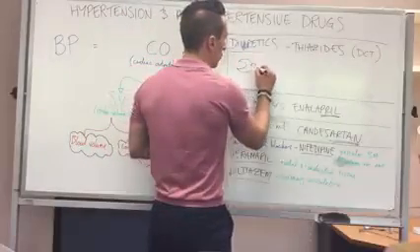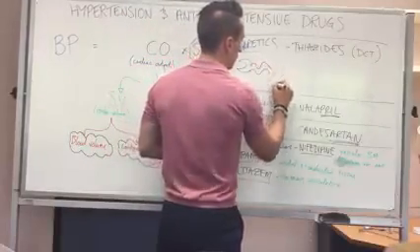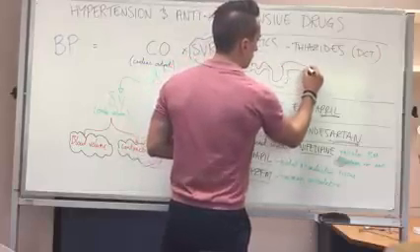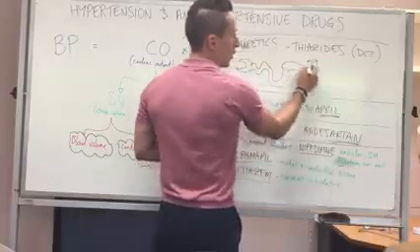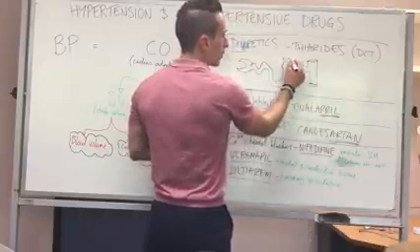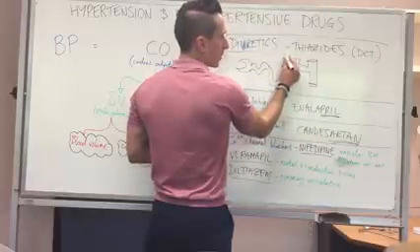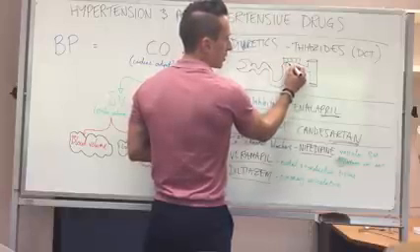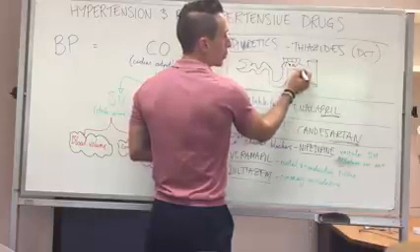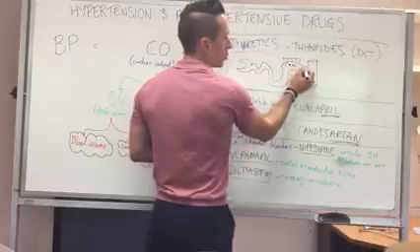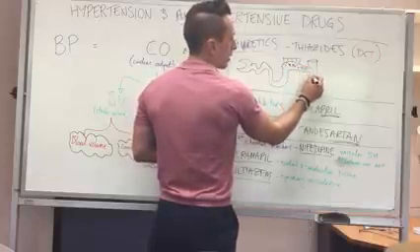So if you look at the nephron, here at the distal convoluted tubule, you've got cells in the walls here. It stops sodium from being reabsorbed back into the body, which means sodium stays in this tubule, which means water stays in this tubule, which means what gets peed out?